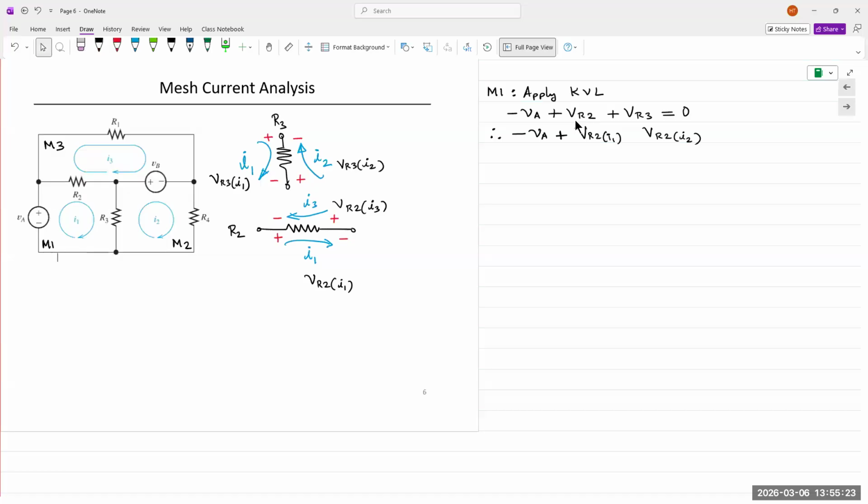In mesh 1, I have two voltage drops right here for R2. If I treat plus VR2 and I say minus VA, say, then the voltage drop due to I1 is positive, voltage drop due to I2 is negative.